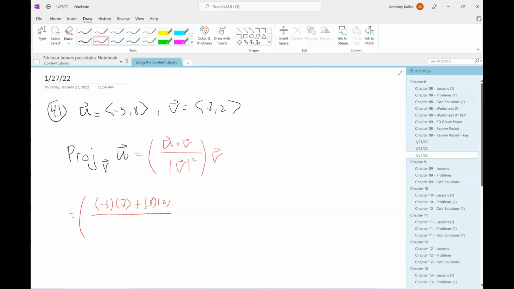The magnitude of v is the square root of 7 squared plus 2 squared, but because that is also being squared, I'm just going to drop the square root on it. And then our vector v is just 7, 2.